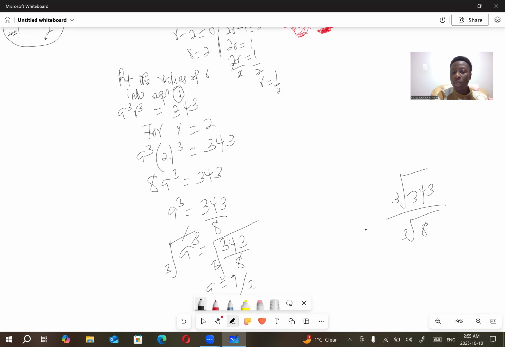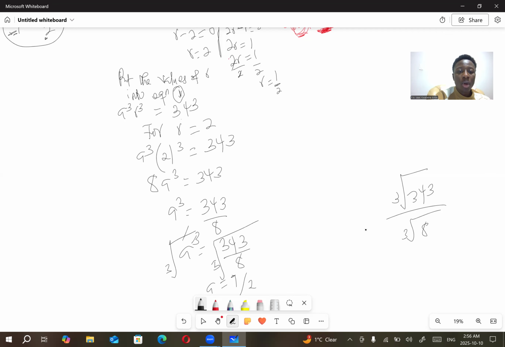So if you're following the solution properly, we had 2 values for R. If you are choosing, you can choose to use one of them, it's fine. You will still get the consecutive terms right. But I want to present all the solution for you to see.